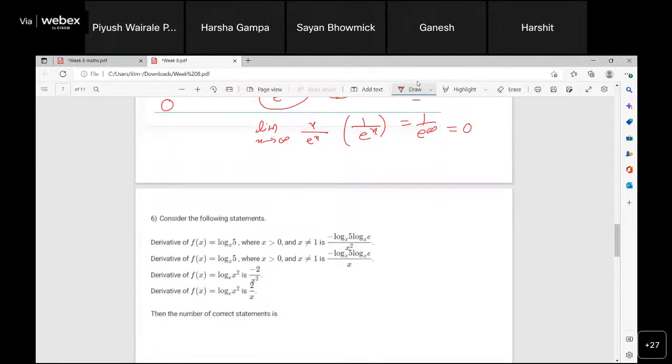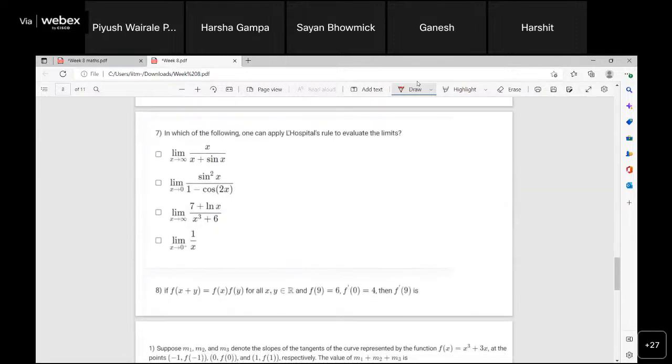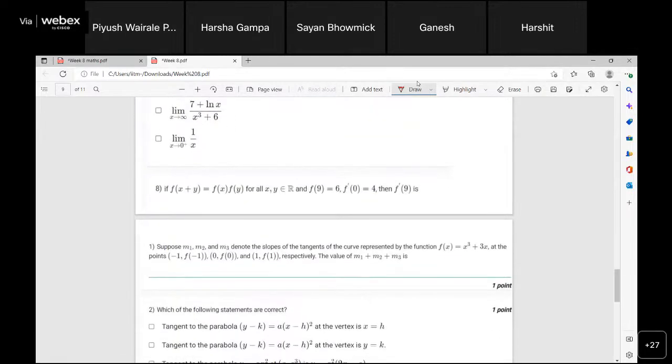So I guess we have done this question. Again, this is a question from the activity. Now let's go for question number 8. We are given f of x plus y equals f of x into f of y, and f of 9 equals 6, f dash of 0 equals 4.